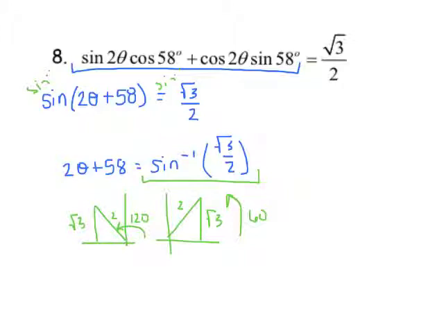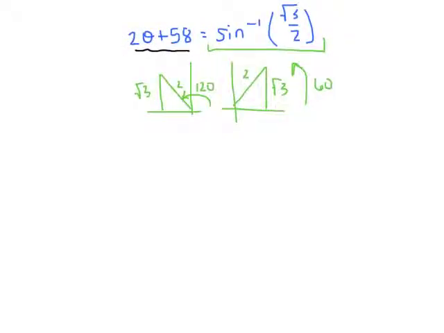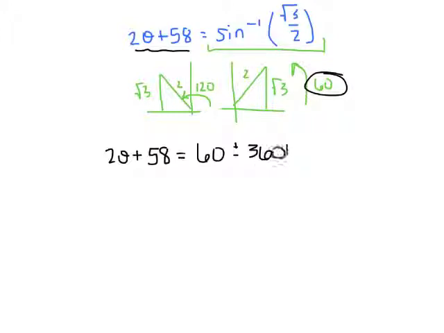Now the problem is that I've still got 2 theta plus 58 on the left-hand side of the equation. So let's figure out how this is going to work. We're going to end up with 2 theta plus 58 equals, and let's do our first one, 60 plus or minus 360n, and 2 theta plus 58 equals 120 plus or minus 360n.